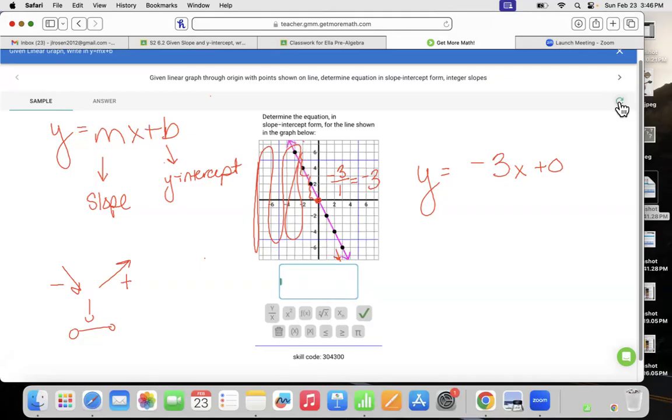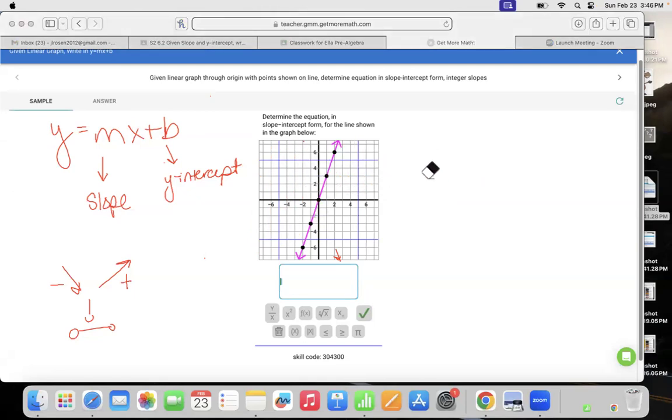Okay, let's look at another one. So again, we're just writing these in slope-intercept form, y equals mx plus b. And to get started, we're going to find the slope and the y-intercept. So again, in y equals mx plus b, m is the slope and b is the y-intercept.